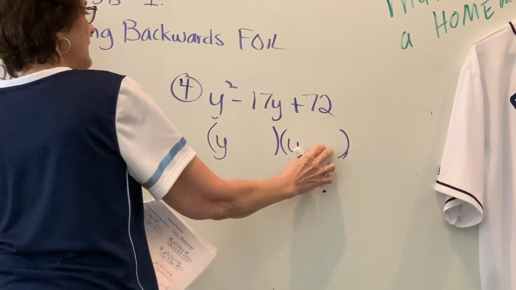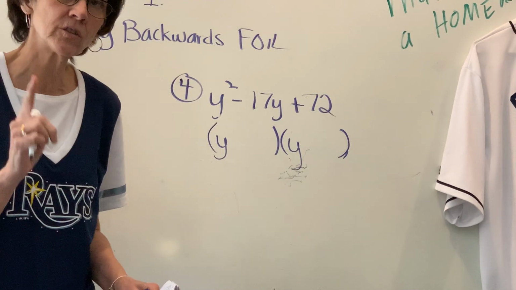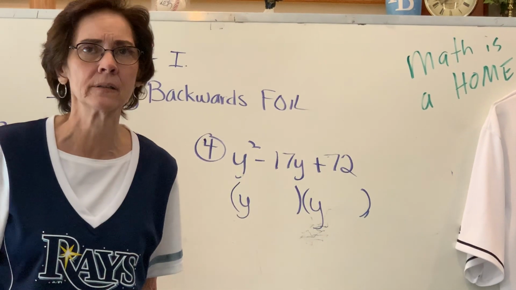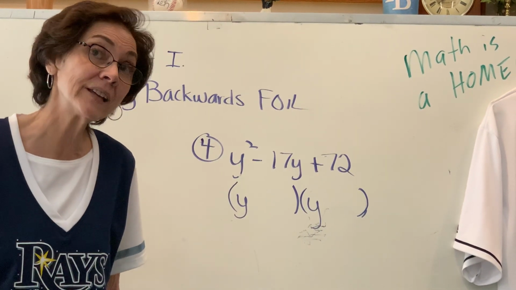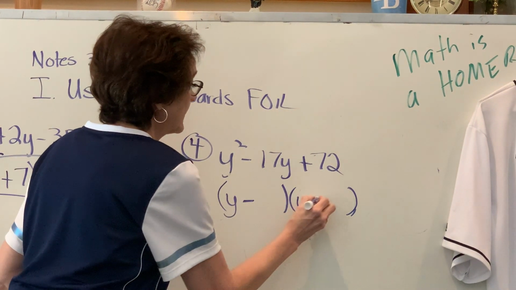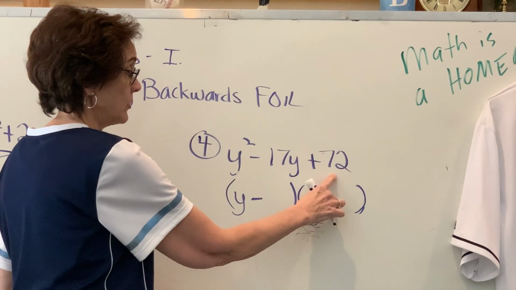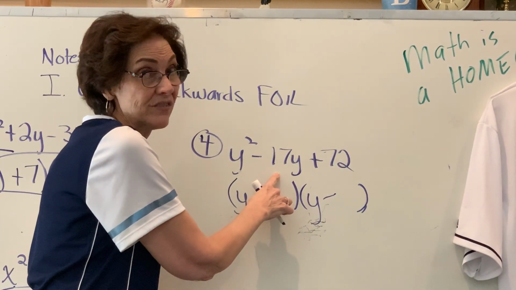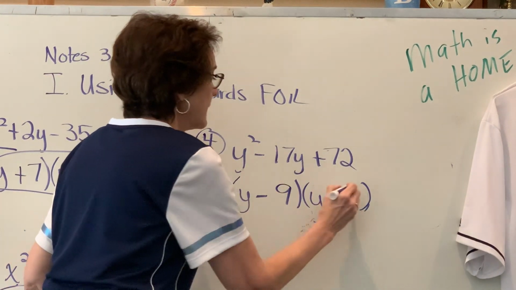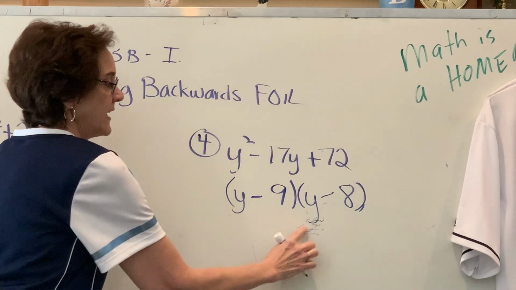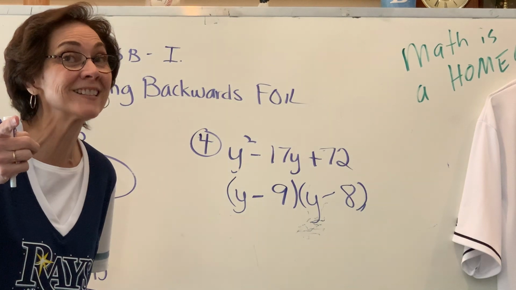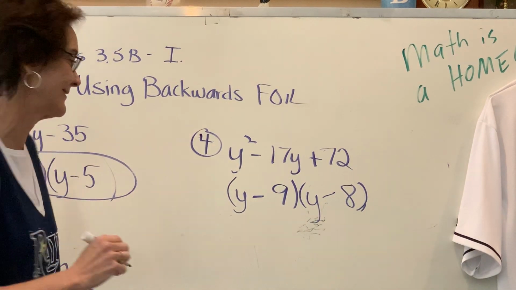What last term times what last term is a positive 72, but your outers and inners add up to a negative? How can that happen? Well, because a negative times a negative actually does multiply to be a positive. So we know it's got to be a negative times a negative to be a positive 72 and actually add to be a negative 17. So hopefully you know what 2 numbers multiply to be 72. 9 times 8. So that's a negative 9y, negative 8y. Sure enough, I know I got the right combination because I got negative 17y in the middle.